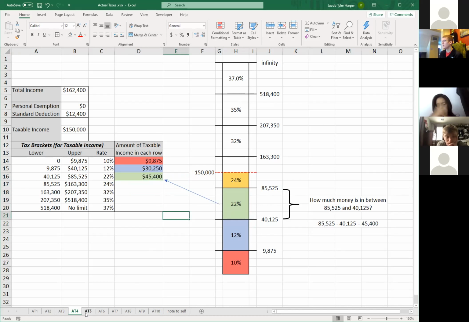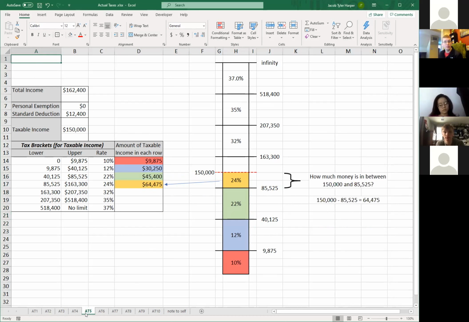But the last step is just a little bit different in this orange area. This one is no longer completely full, like the green one; it's only partially full. So I'm not comparing these two numbers anymore, because it's not all the money between 163 and 185. It's all the money between 150 and 85.